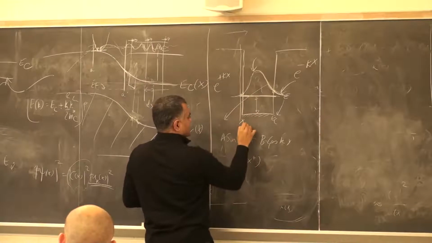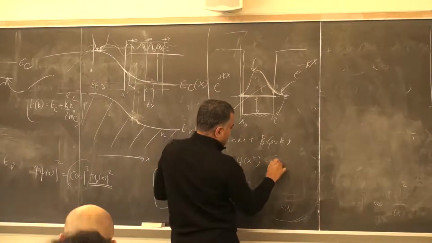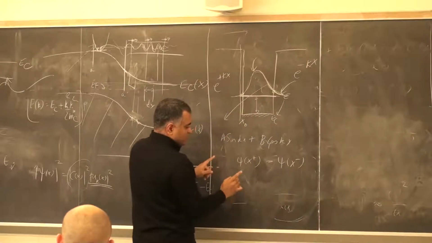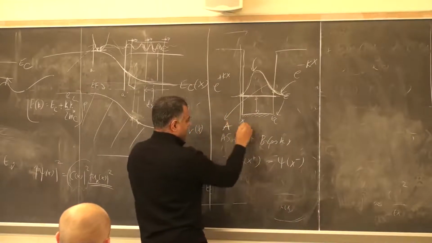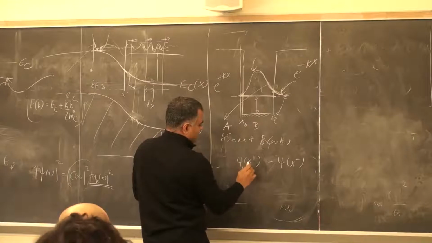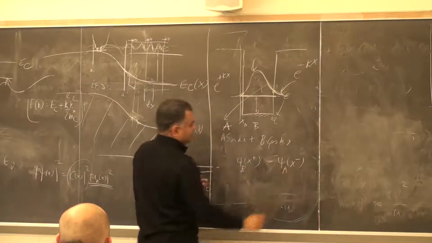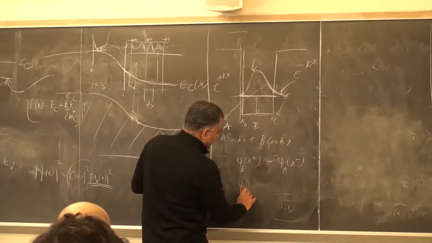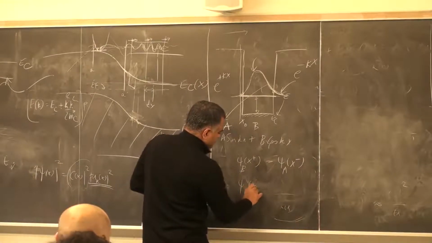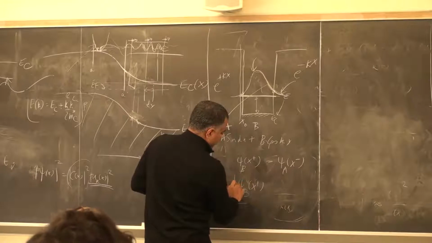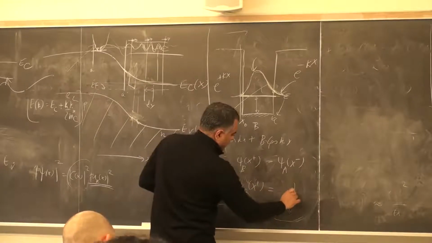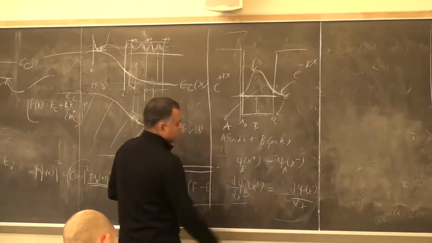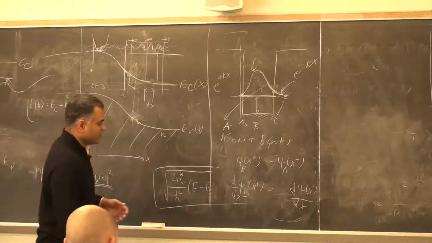Let's say this is x naught. Just to the right and just to the left, the wave function should be the same. Let's say this is A and B. In traditional quantum mechanics, we use that the derivative should be continuous because the current is continuous.